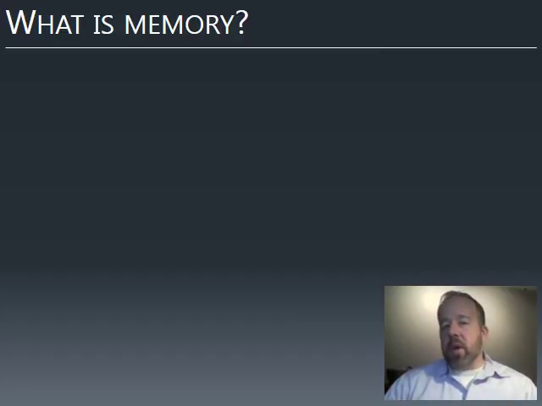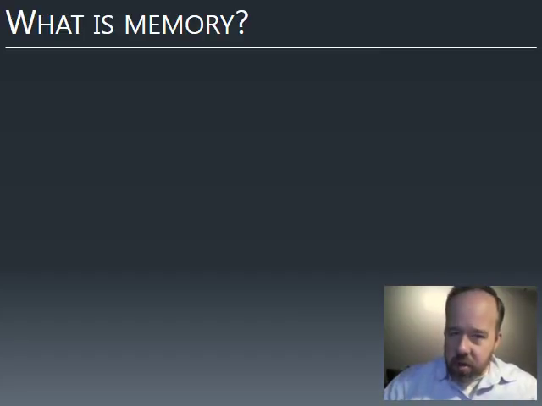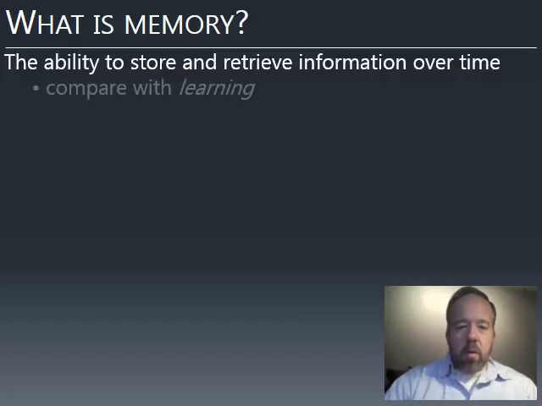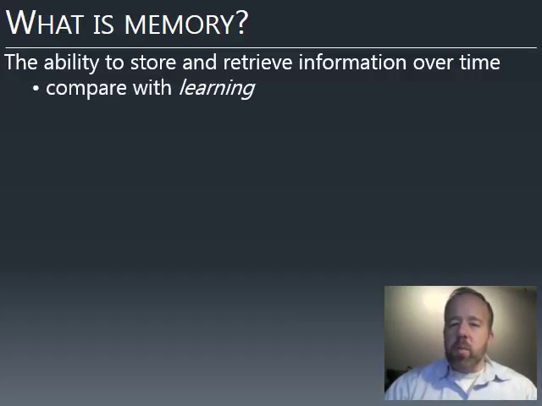So first, of course, we have to ask what memory is. And simply put, memory is the ability to store and retrieve information over time. So there's this time component. Last time when we were talking about learning, there was also this idea of time, that learning required a relatively permanent change.